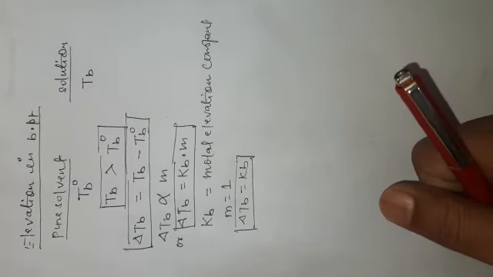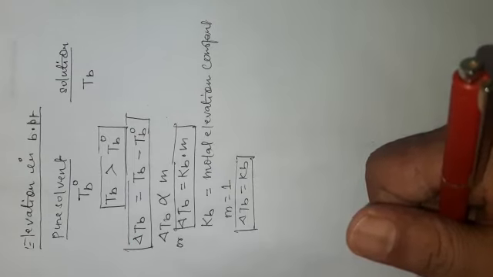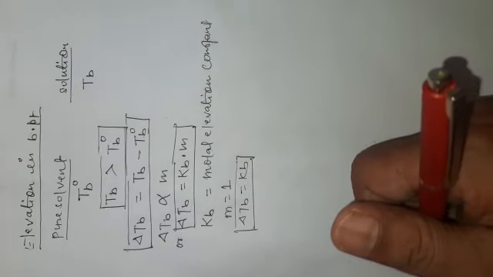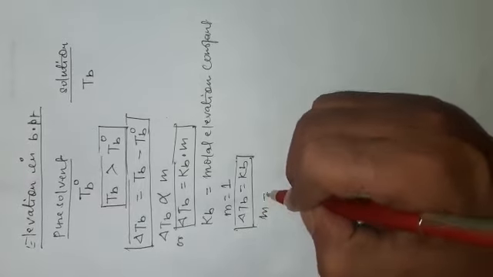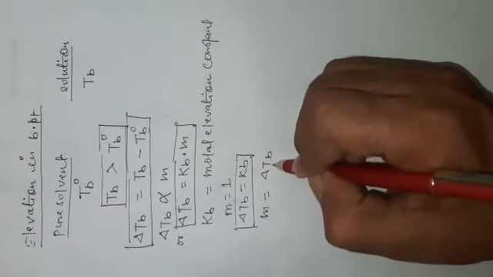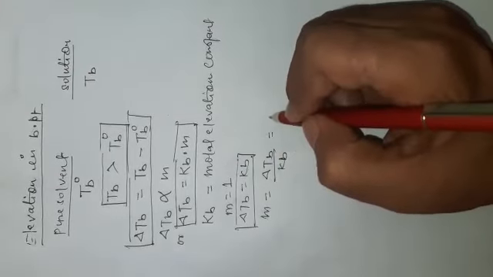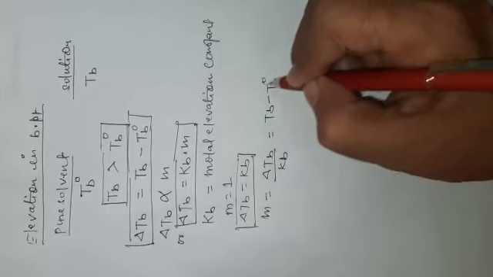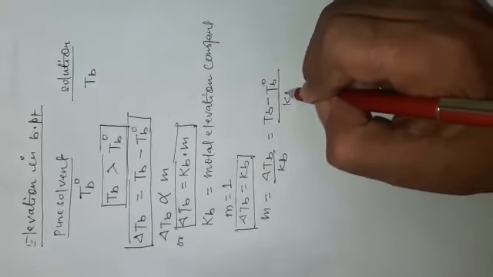And m is equals to delta TB by Kb, where delta TB is equals to TB minus TB naught, divided by Kb.